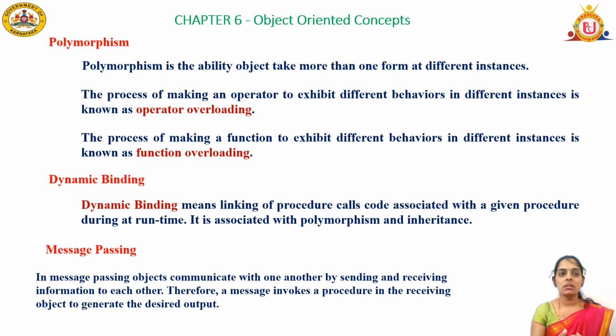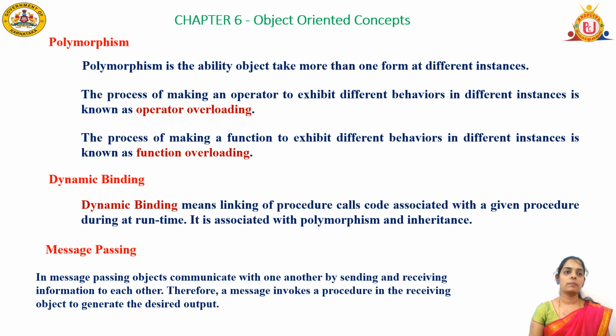So it supports function overriding. If two or more classes have the same functionalities, it is the job of the object to determine which is to be executed during runtime. So dynamic binding is the linking of the procedure call to the code associated with the given procedure during runtime.